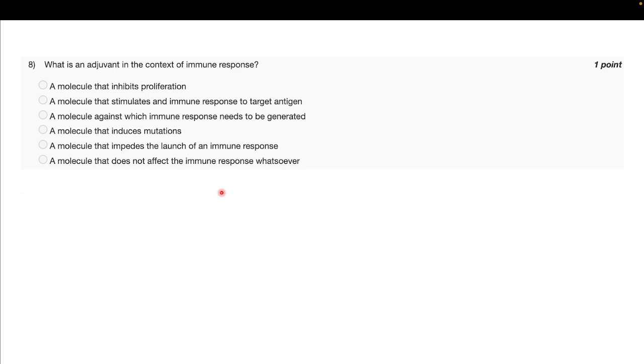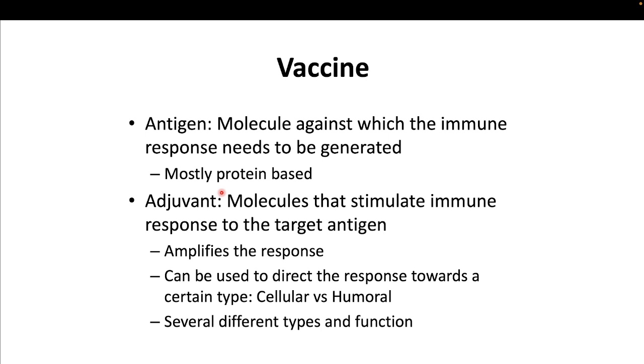No one? Okay. Yeah, you're correct. The correct answer is option 2. Adjuvant is a molecule that stimulates the immune response to target that particular antigen.